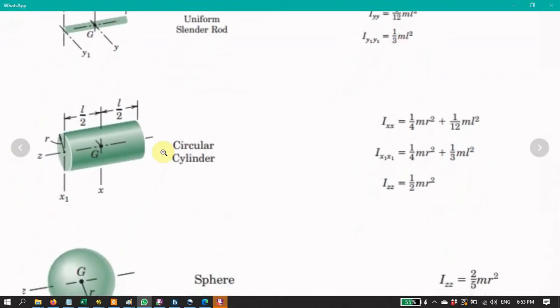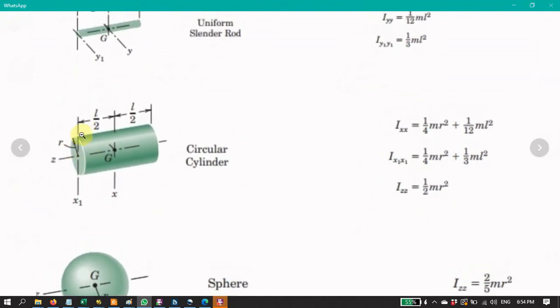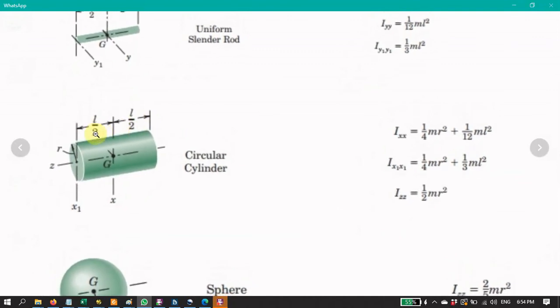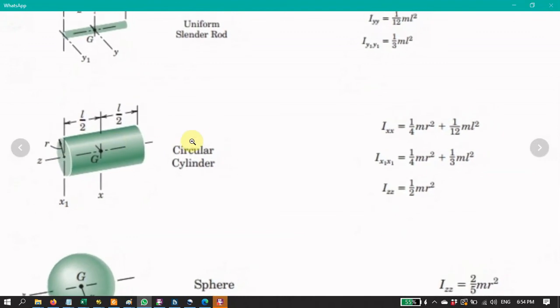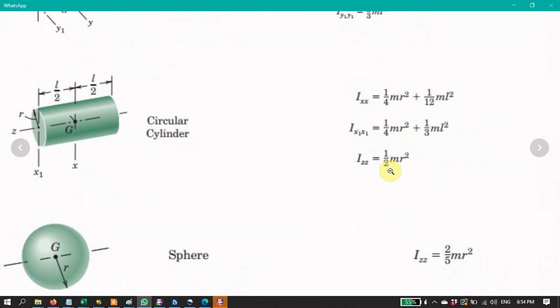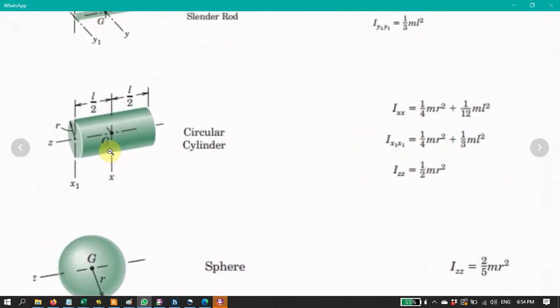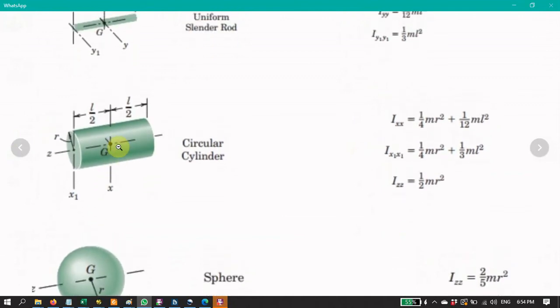And next we look at the circular cylinder. This is a solid cylinder with a circular cross section. The length is L and the radius is R, right? We want to know the moment of inertia about the axis of rotation x-x, which is the axis through the mass center, normal to the axis of the cylinder.